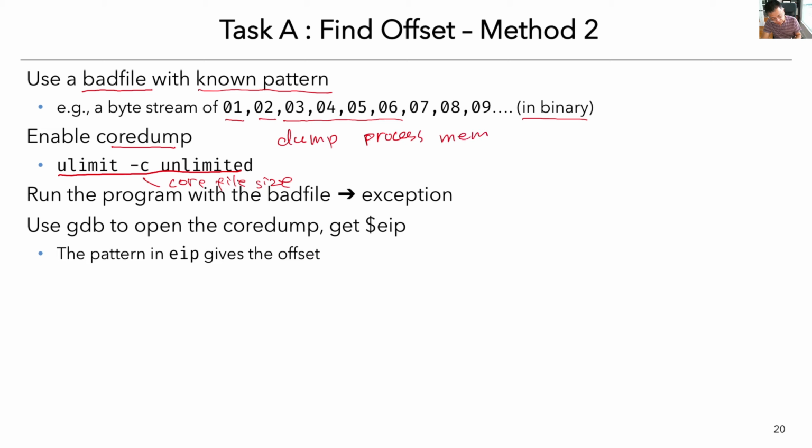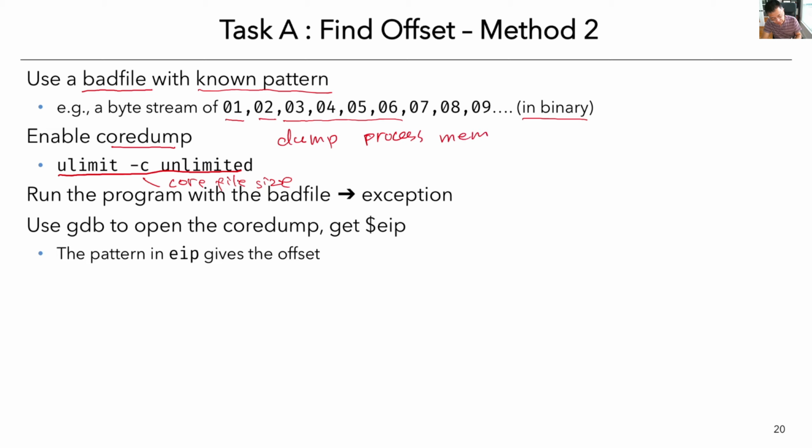Okay, so we run the program with the byte file. So if we look at this memory layout here, we have the str, the return address, right? So here is the EBP, and we have a buffer here.